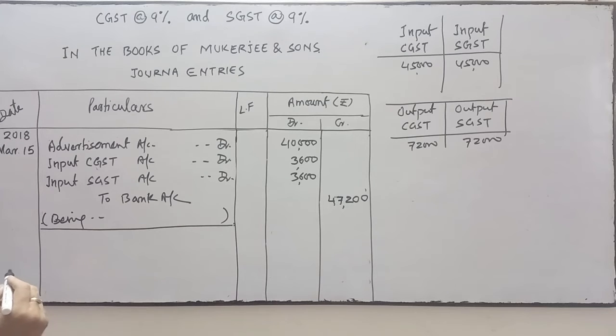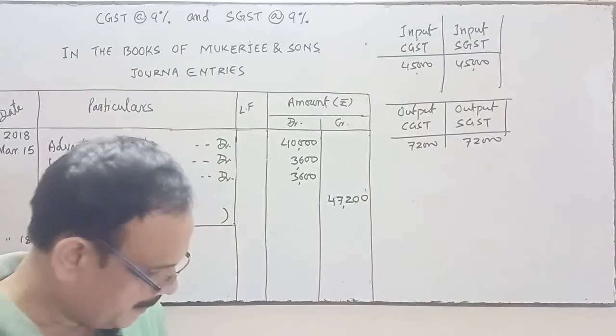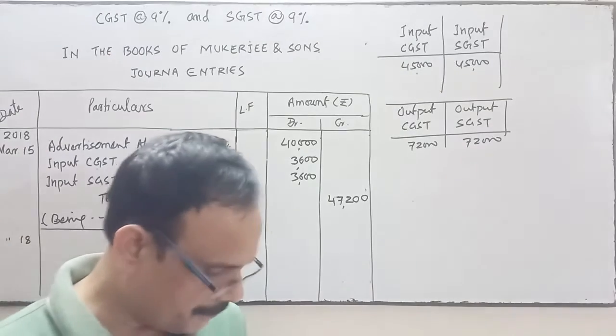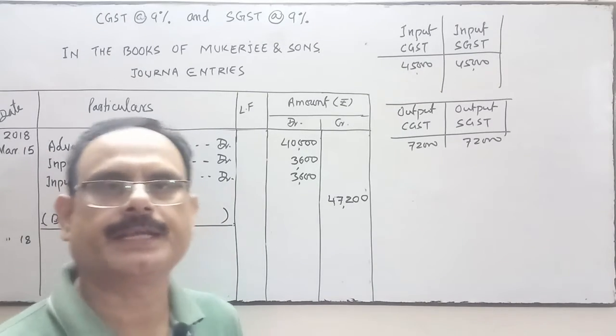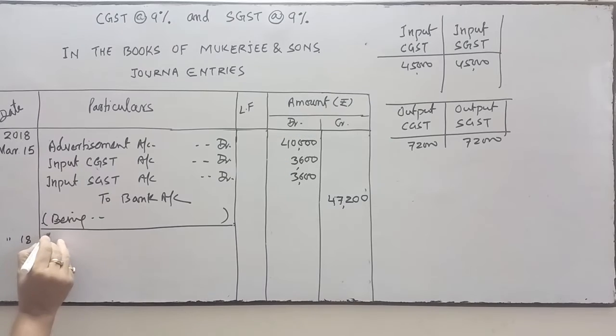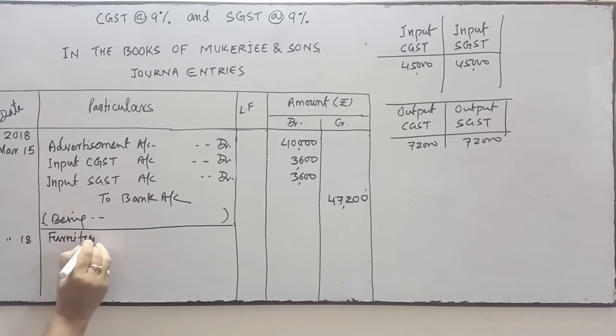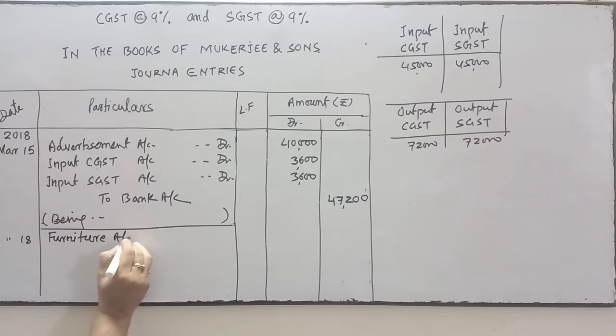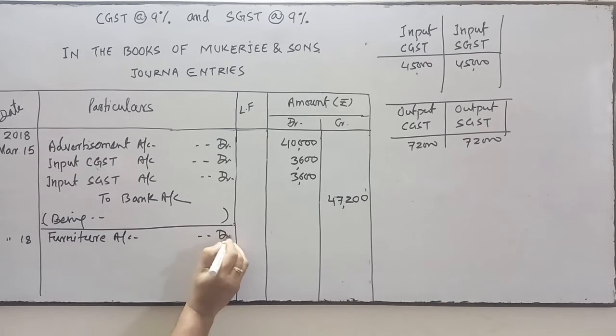Next is on March 18. On March 18, furniture purchased for office use and payment made by check. You have purchased the furniture, so furniture is an asset. It comes under real account.